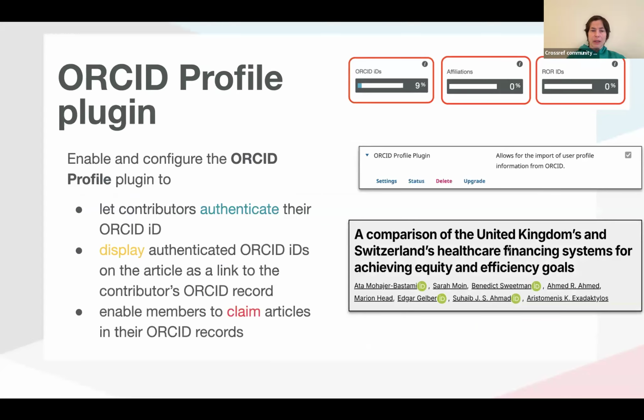They can agree to having that article automatically displayed on their ORCID record. We call it an auto update, but it requires the author's consent to be displayed on their profile.